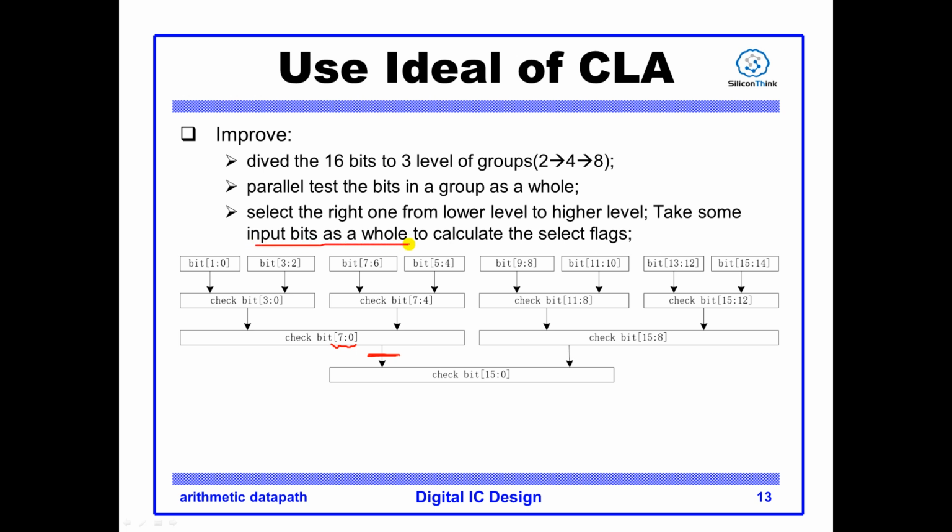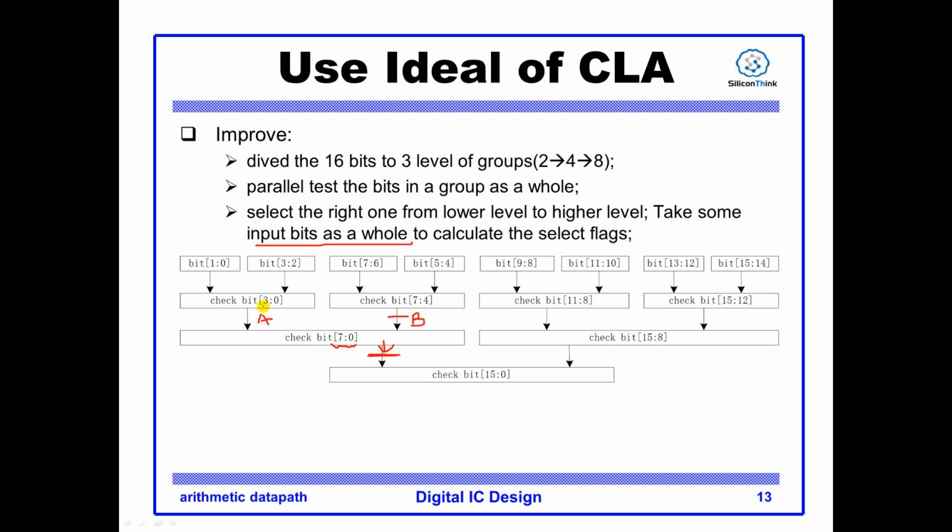Yes, I want to explain this. You have to check the value of 4 bits as a whole. Yes, to select, you either select the result of A or select the result of B to its output here. Is that right?